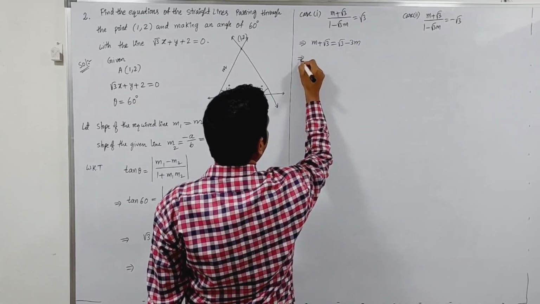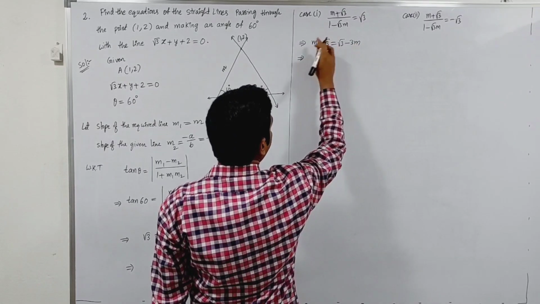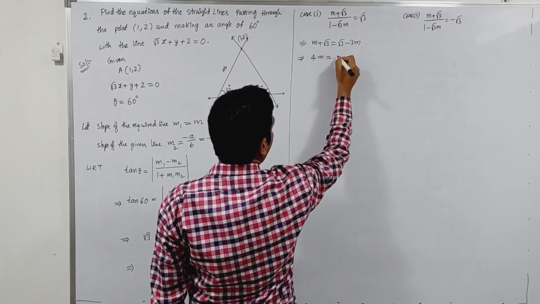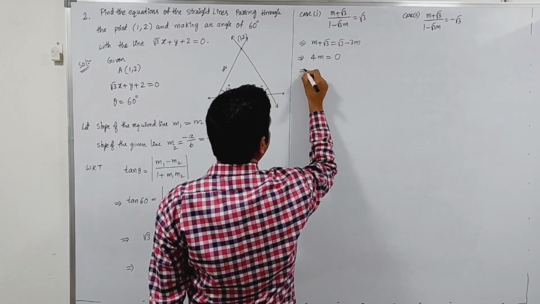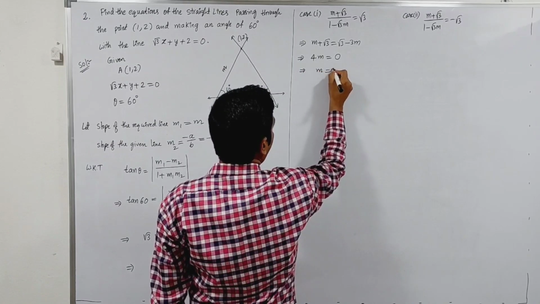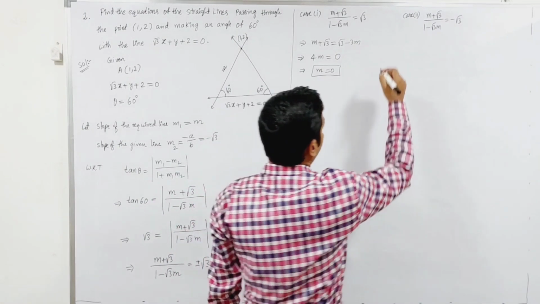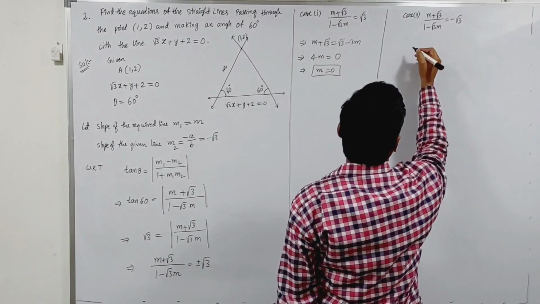Now simplify this equation. Take minus 3m to the left side, that is plus 4m equal to root 3 minus root 3, which gets cancelled to 0. So m is equal to 0. We get the slope of the required line, m equal to 0.